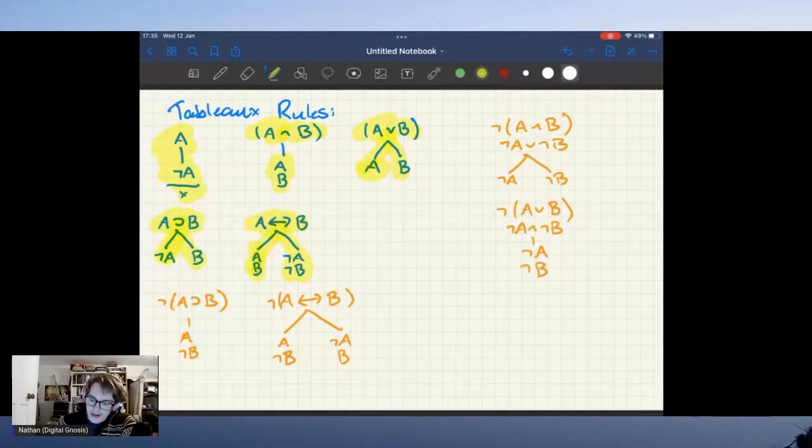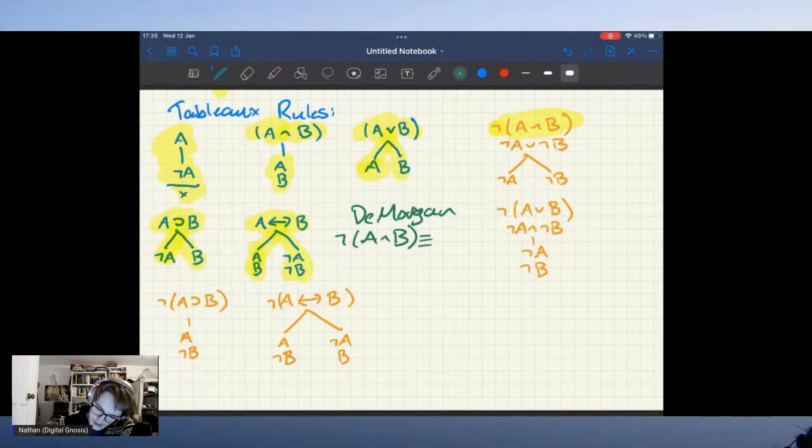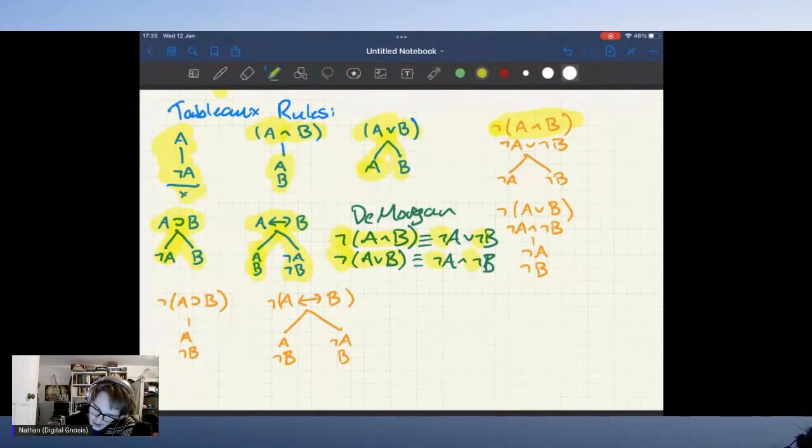Okay. So now let's have a think about some other cases. So imagine that you had the negation applied over A and B. Well, by De Morgan's law, not (A and B) is the same as not A or not B, and not (A or B) is the same as not A and not B. And what, if you can see, happened in these cases is we've taken our not and we've pushed it through the brackets, distributed it over each of the variables, and our sign has flipped from and to or, or from or to and.